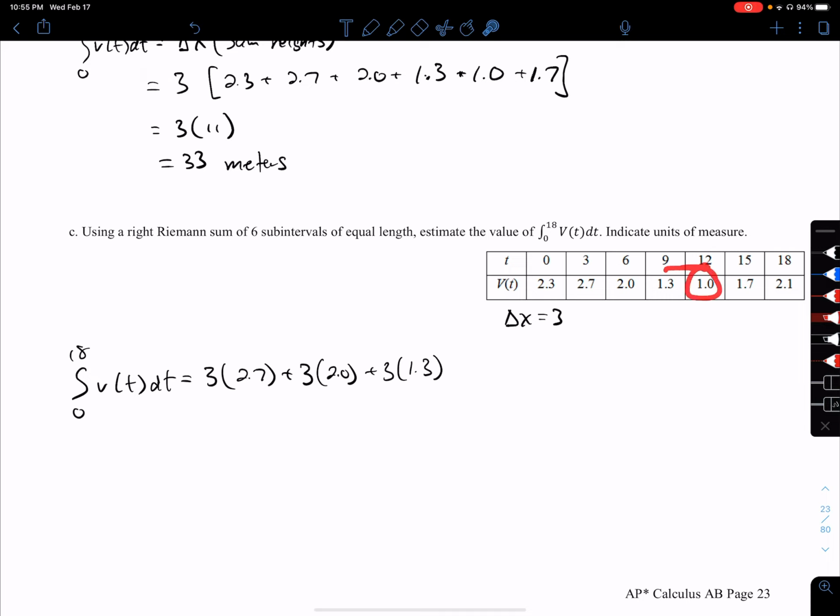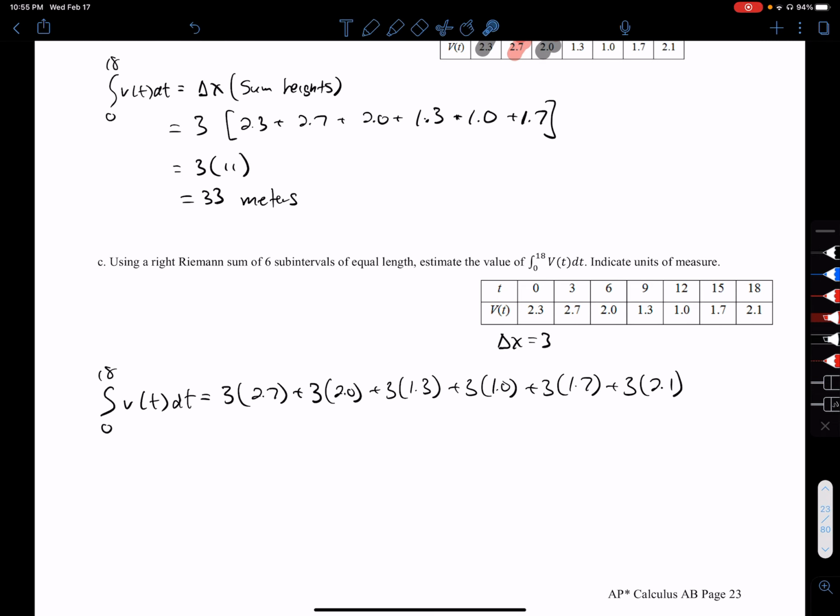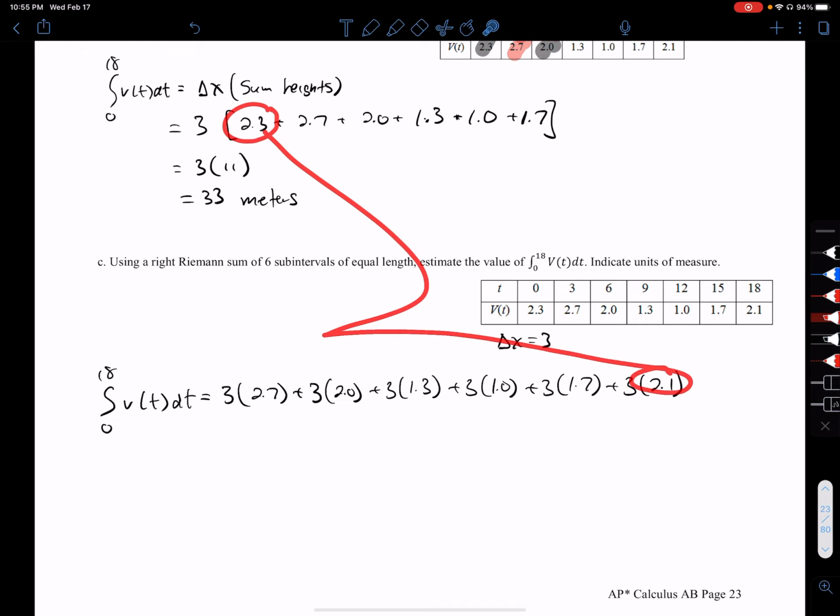And then we're going 9 to 12, 1.0. 12 to 15, 1.7. And then 15 to 18, 2.1. Essentially, we swapped out this left value for this right value.